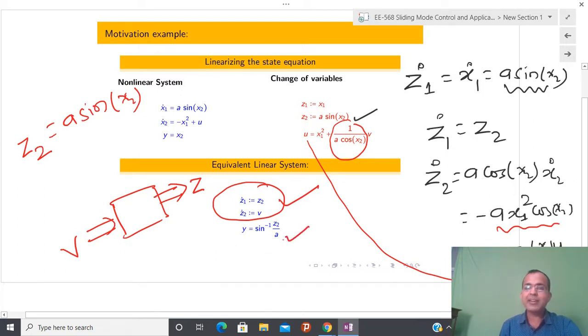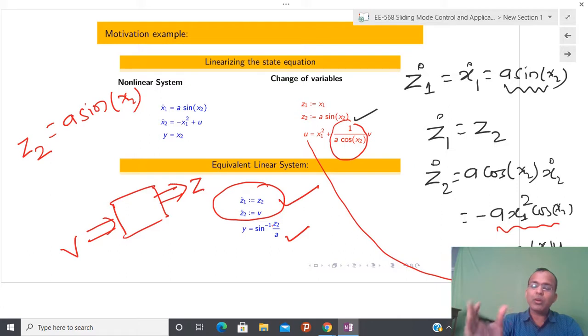It means that whenever you are talking about input-to-state linearization, I am not sure that the output also becomes linear. It is possible that the output becomes quite complicated. But most of the time, we are no longer worried about the internal variables. Most of the time we are just interested in the input and output relationship.